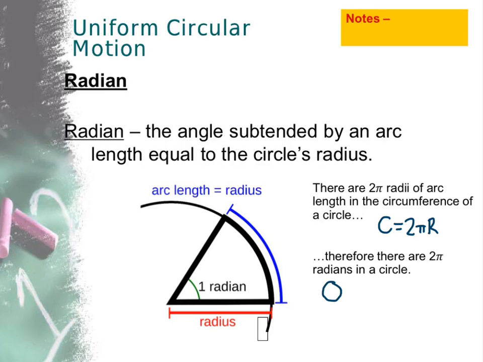If you walked a full circle, you have gone 2 pi radians. If you go half of a circle, you have gone pi radians. If you go a quarter of a circle around, you have gone pi divided by 2 radians. So it's a quick way to convert from angle to length around the circumference.